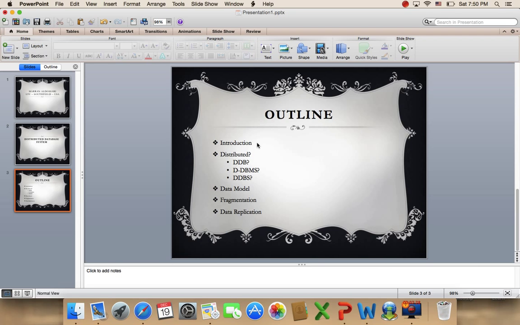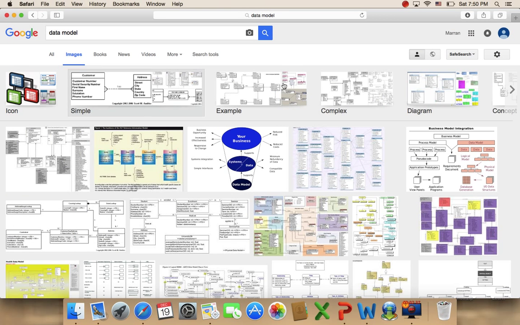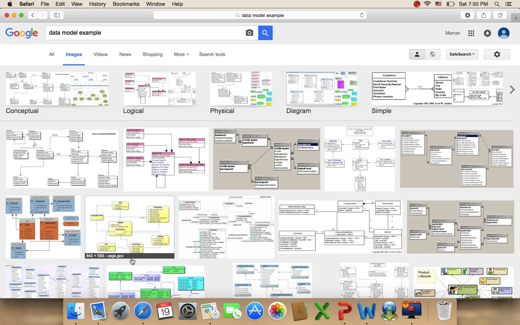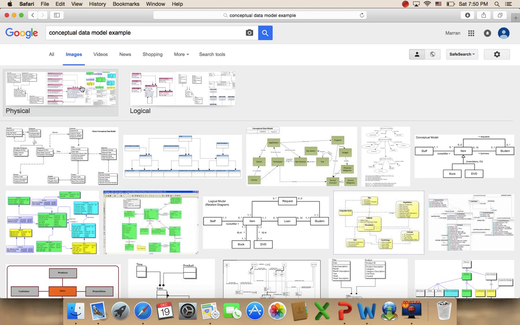And maybe someone will ask me why we need to create a data model. The symbol of the data model is like this. For example, we'll start here. You can see conceptual, logical, and physical, and there are many types. In this video I don't focus on the relationships between entities, many to many, one to one, or many to one.